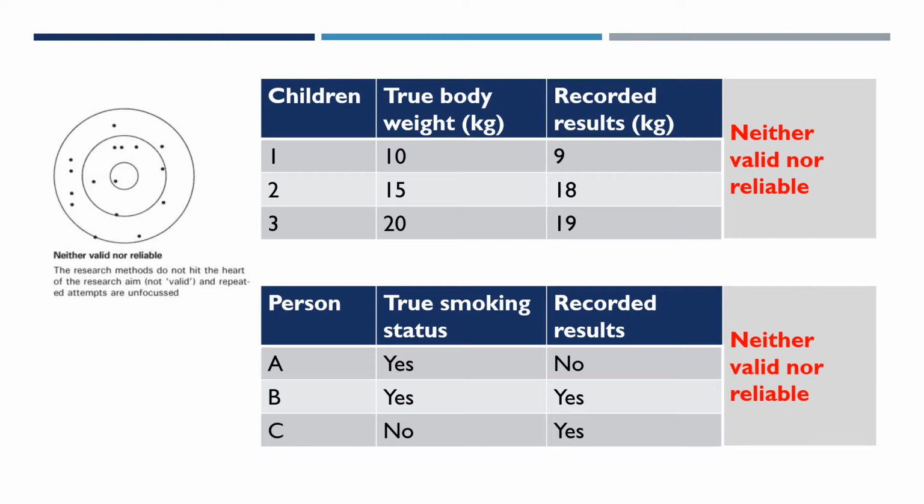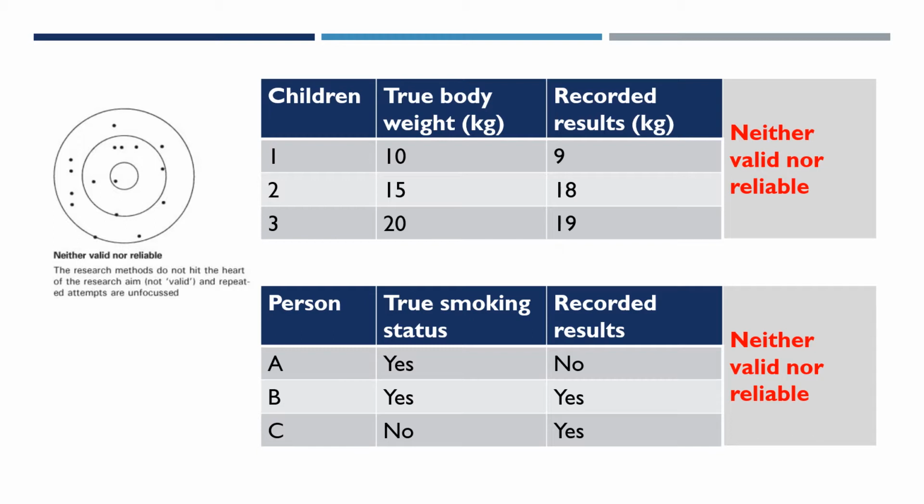Sometimes it's higher, sometimes it's lower than the true values. So we can say that the results we got from the data collector are not valid because the results do not represent the true body weight, and they are not reliable as well because they are sometimes too high and sometimes too low, and the relative difference from the true body weight varies from child to child.